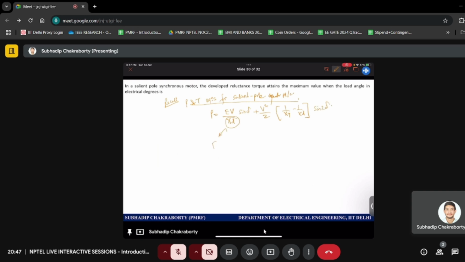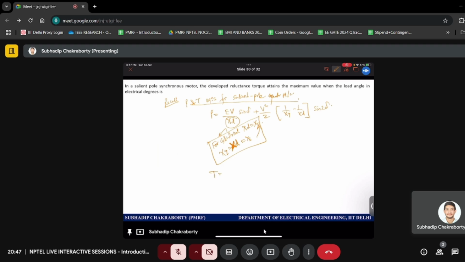So for cylindrical, XD and XS are same, and XQ is 0. So only for cylindrical, right? And for salient pole, XQ not 0, and there is no XQ term for cylindrical, okay?